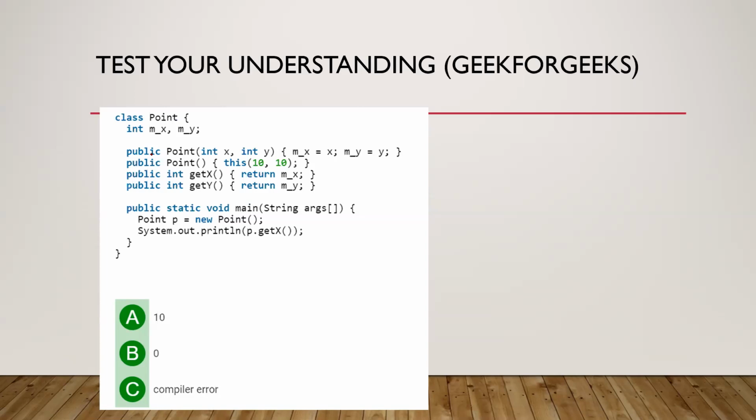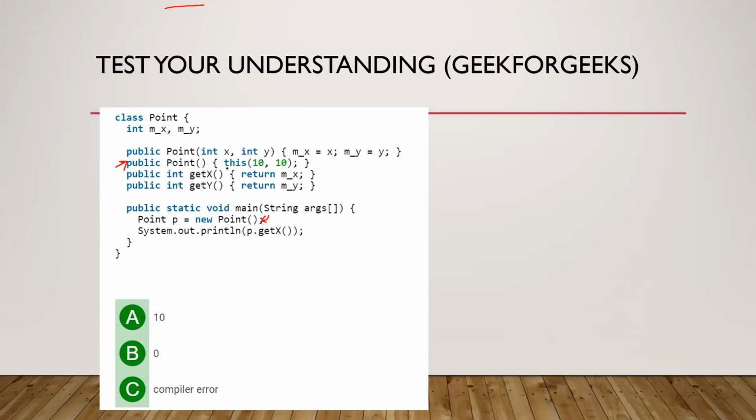So rather than explaining like that, what is happening here is, see, you are creating this new point. So what will be called? It will go to this constructor, and this constructor in turn calls this constructor.